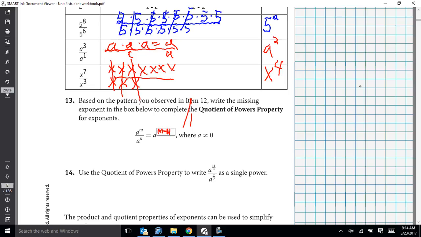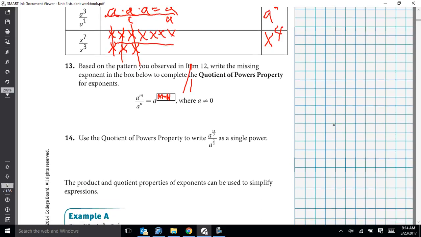It doesn't have to be positive numbers. The reason is because we can't divide by 0. That would be making the biggest crime in math, right? Dividing by 0.